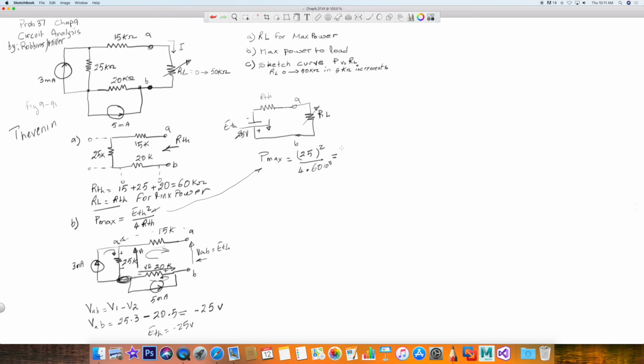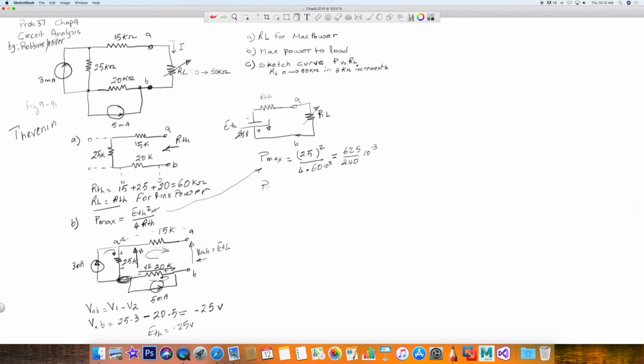All right, so let's find out what that is. So remember that 10 to the third goes up. It will be a 10 to the minus 3. So we have 25 squared, which is 625, divided by 4 times 60, which is 240, 10 to the minus third.